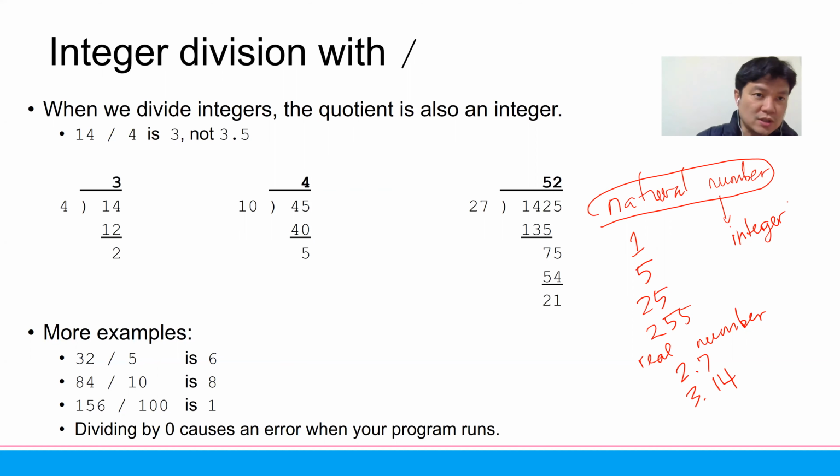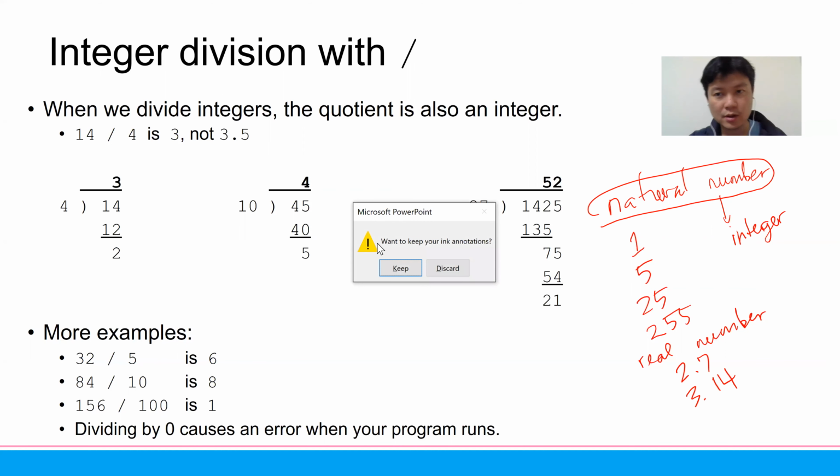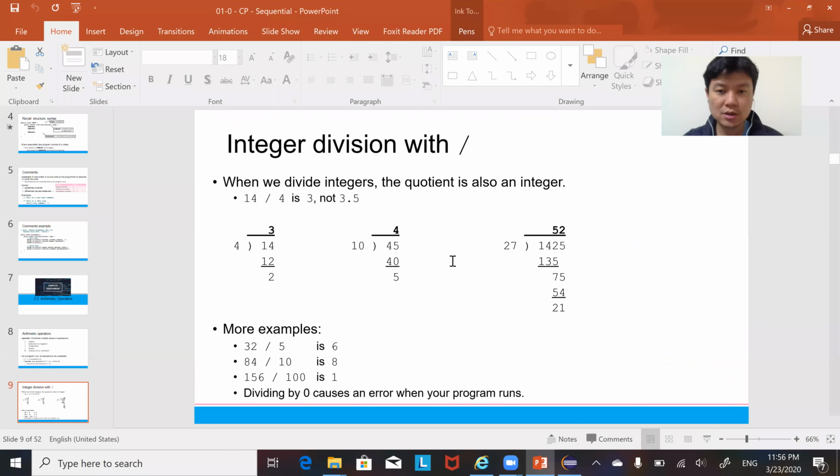If I want to see the result of 14 divided by 4, the result will be 3, not 3.5. Oh, why? This is interesting, so I would like to discuss this one.